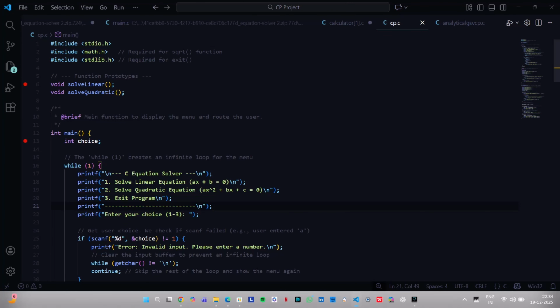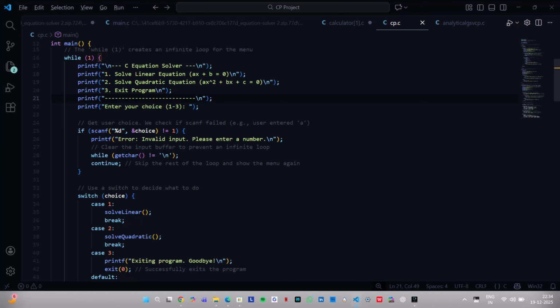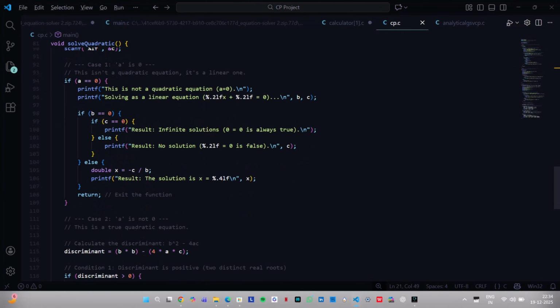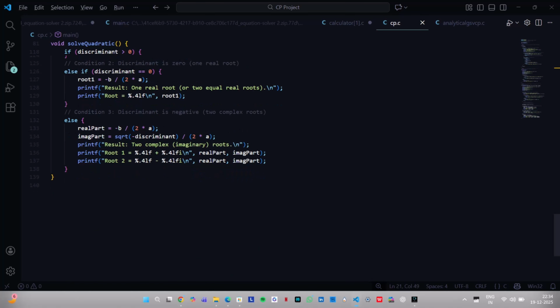This is our code for the equation solver. It is a small code but very efficient for solving equations of linear and quadratic forms.